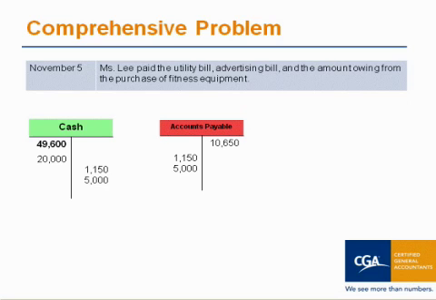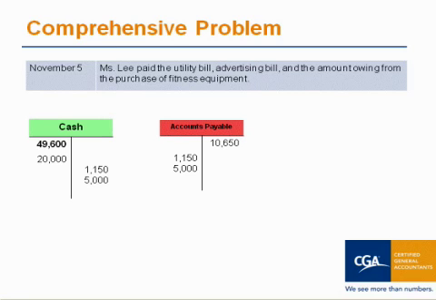Now on November 5th, Ms. Lee paid the utility bill, the advertising bill, and the amount owing from the purchase of the fitness equipment. So if you remember, we had advertising and utility that we recorded in October, and we had recorded $1,150 in accounts payable.